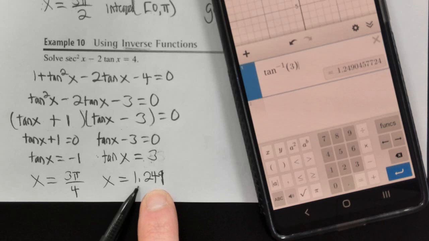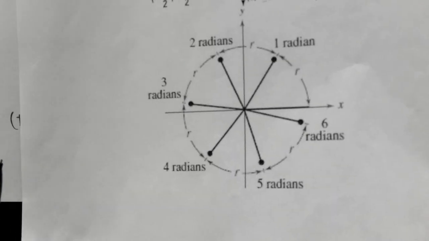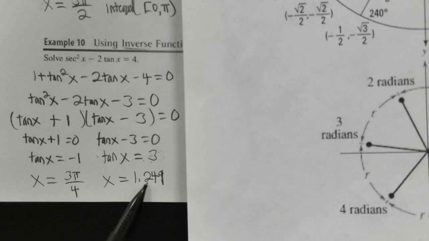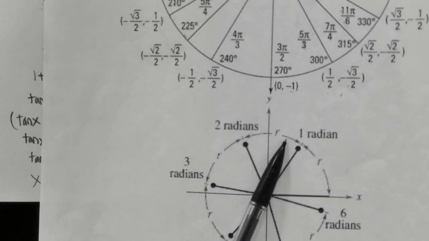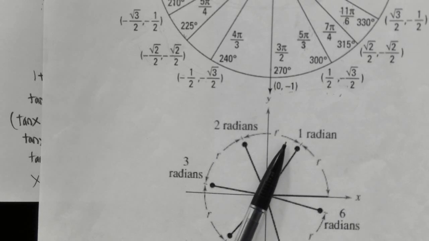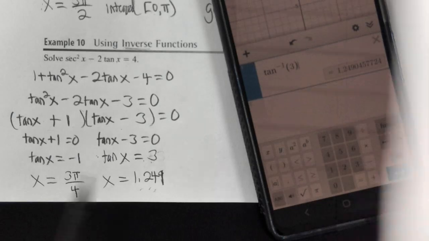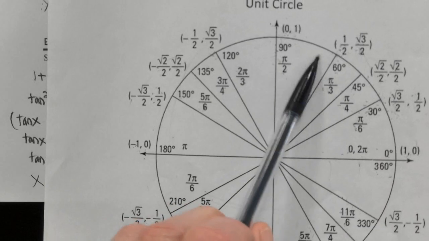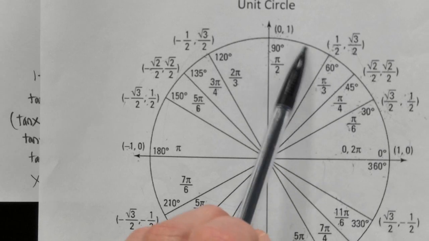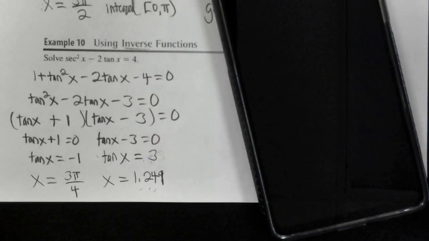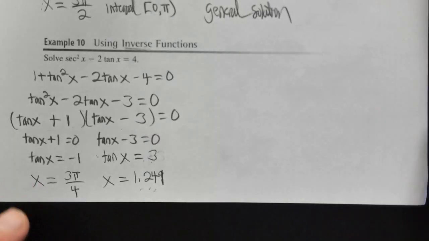Now remember, this is still in radians, so that's why we've got this down here on the unit circle in case we don't have something in terms of pi. 1.249 radians is somewhere a little less than 90 degrees. All right, somewhere a little less than 90 degrees is what this angle would be, and it's just not one that hits on the unit circle. It's not 60 or 90, it's somewhere in between there.